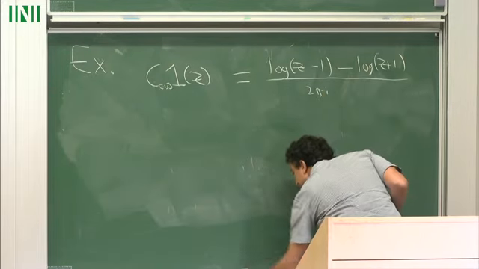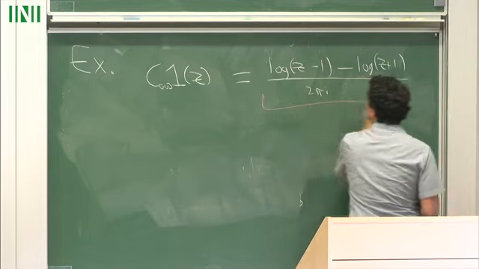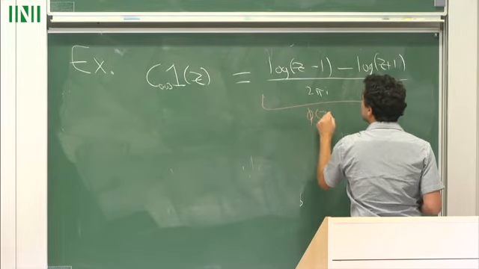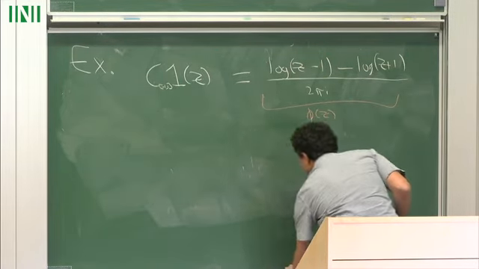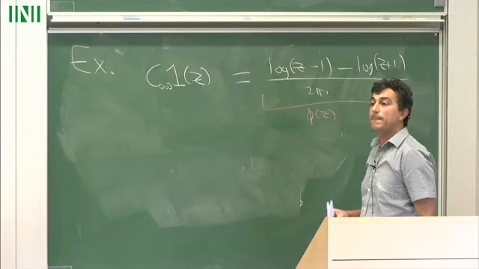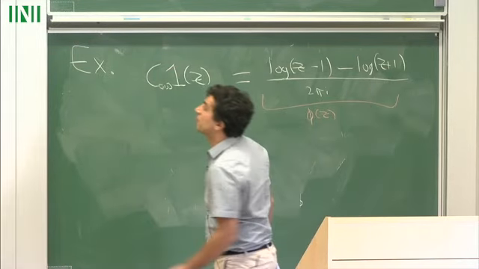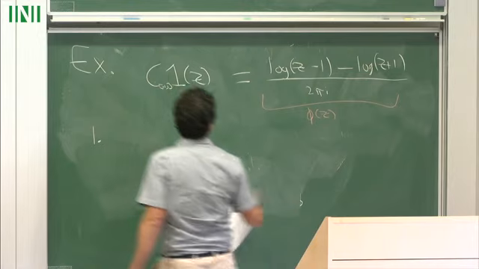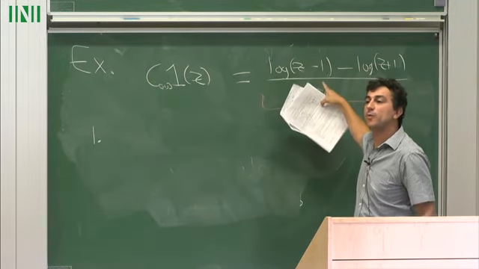So let's call this phi of z. Okay. So one, is this analytic off minus 1, 1?